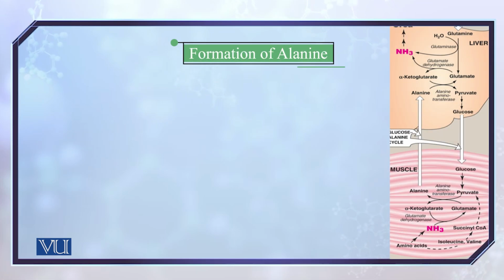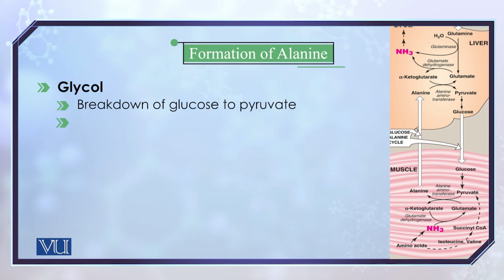Then another very important amino acid which is involved in the transportation of ammonia is alanine.